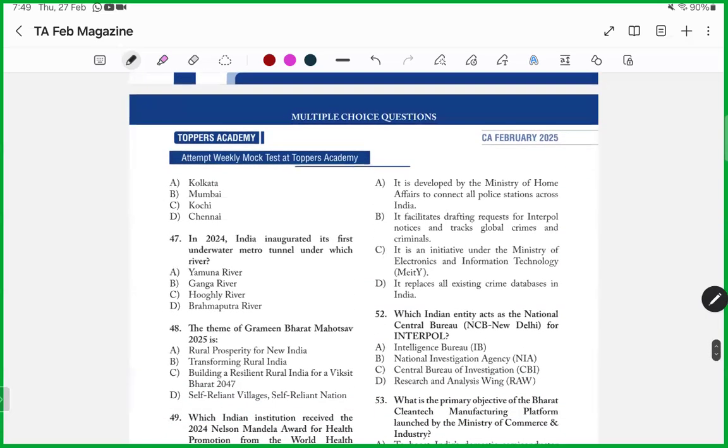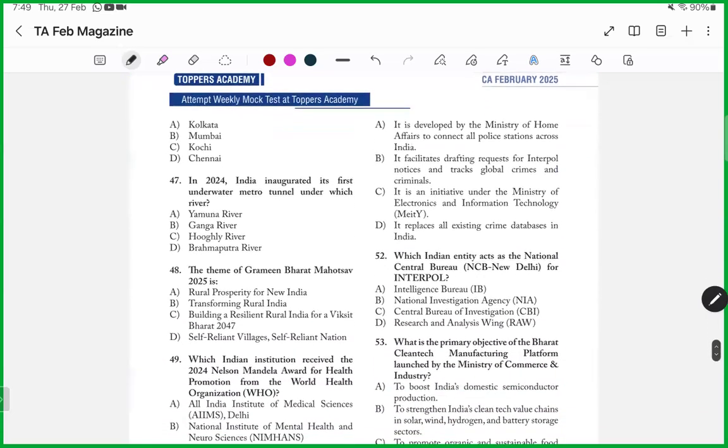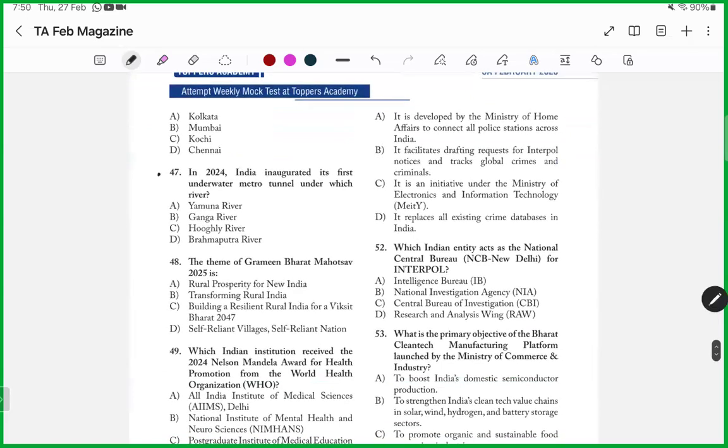All right. And then in 2024, India inaugurated its first underwater metro tunnel under which river? Hooghly River. Okay.